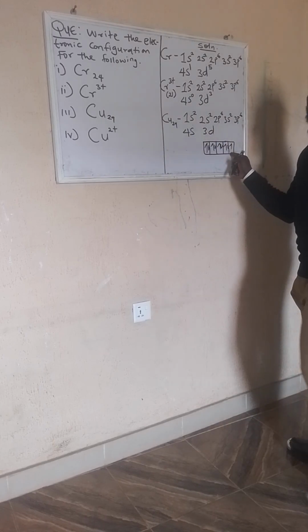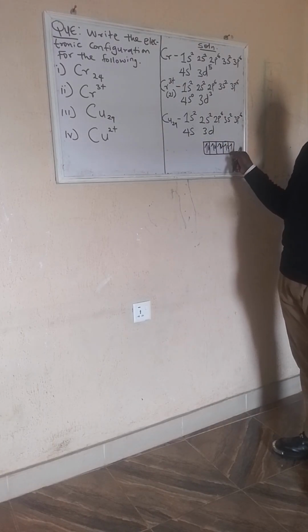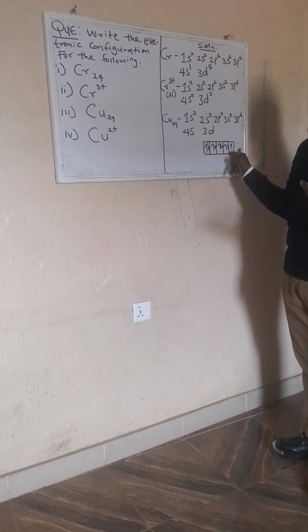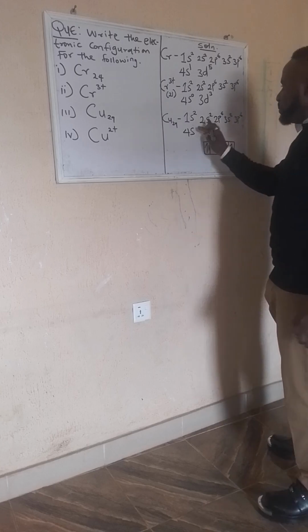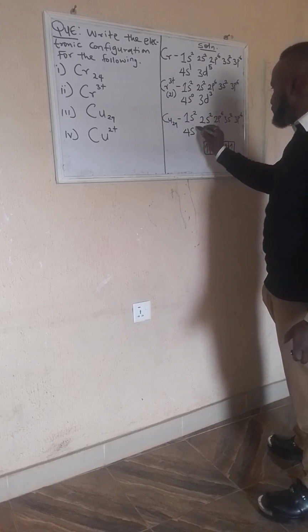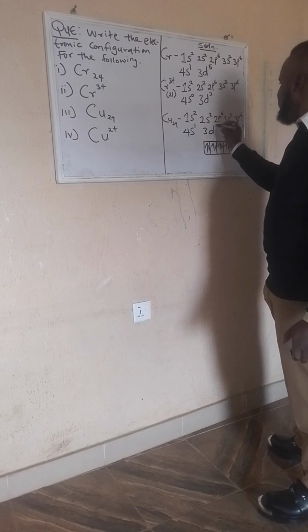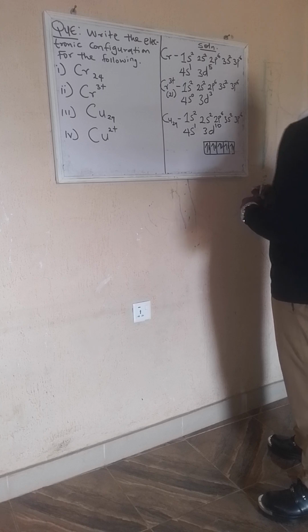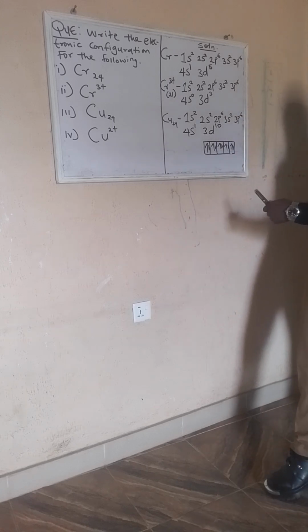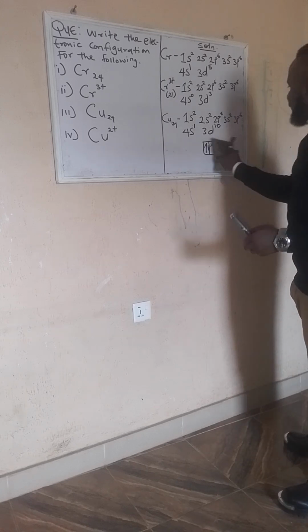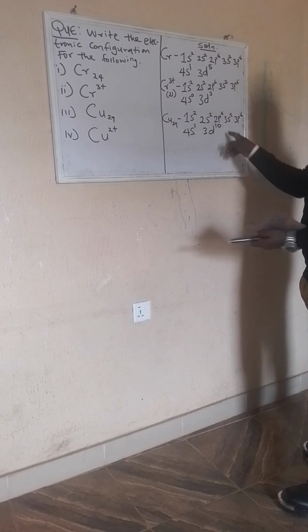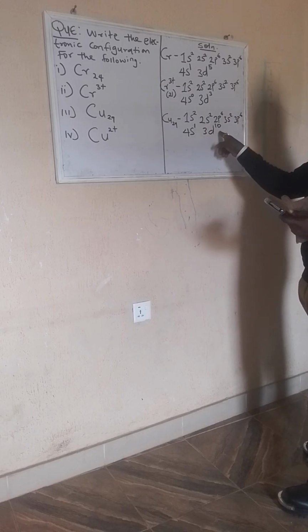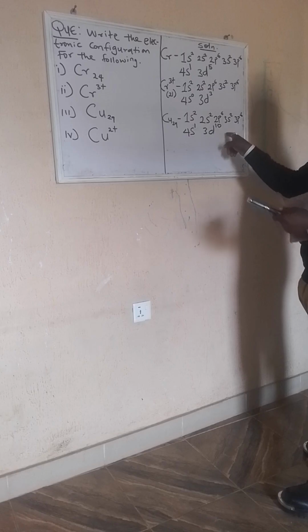Because only one is left empty, it's not going to be in a stable state as such. So there will be an excitation of one of the electrons of this 4s, leaving one here and making this one 10. Okay? So the correct configuration for copper is what is just being written on the board now. So it's 4s1 3d10, not 4s2 3d9.